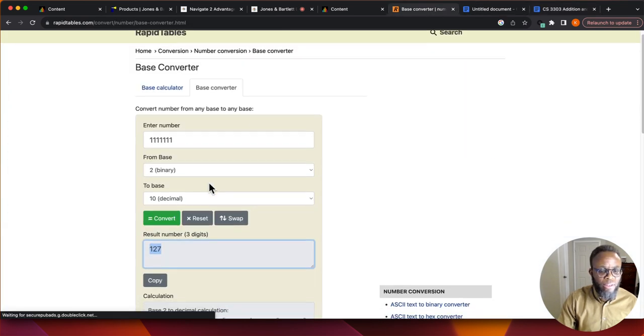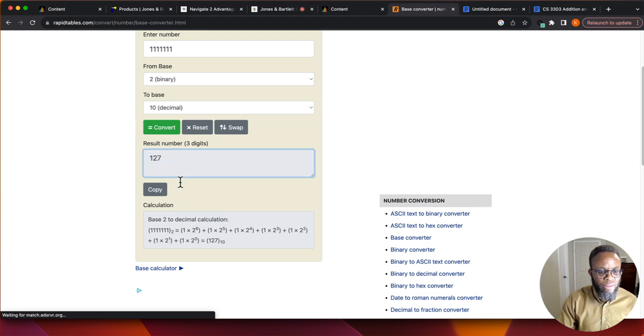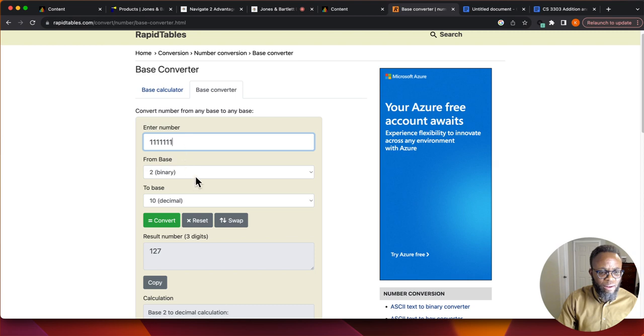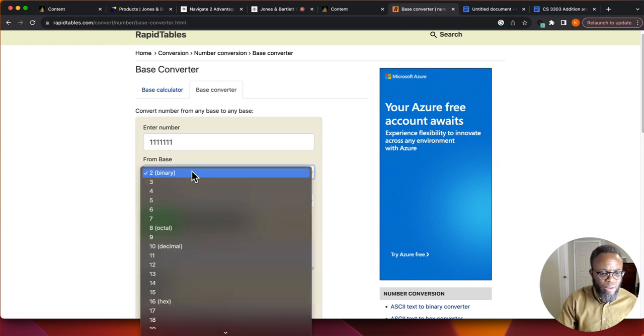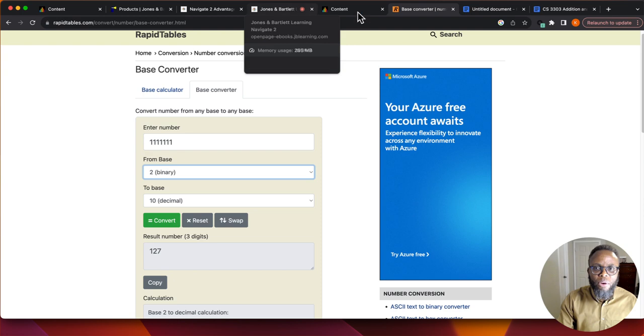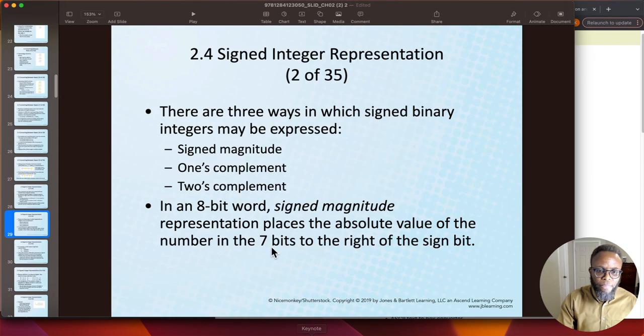Now let me see here. It says, I don't know if we can put signs here, but yeah. Okay, so that is how you represent signed numbers in computers. The most significant bit is used to represent the sign. And that's what's referred to as an 8-bit signed magnitude.